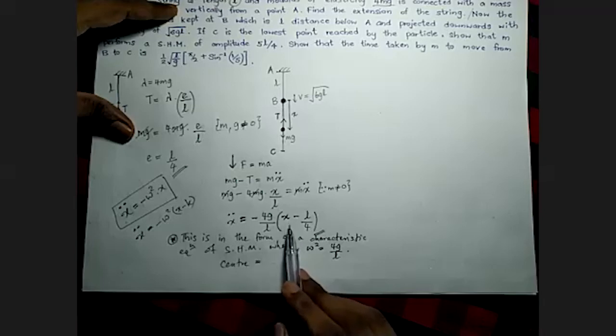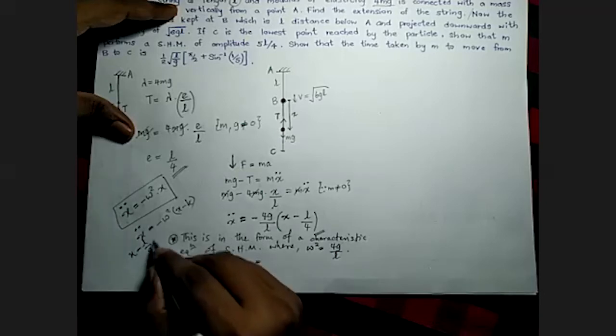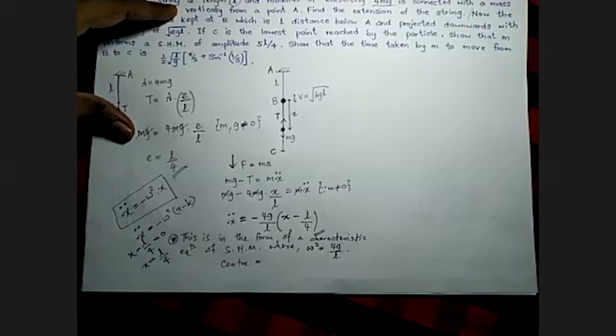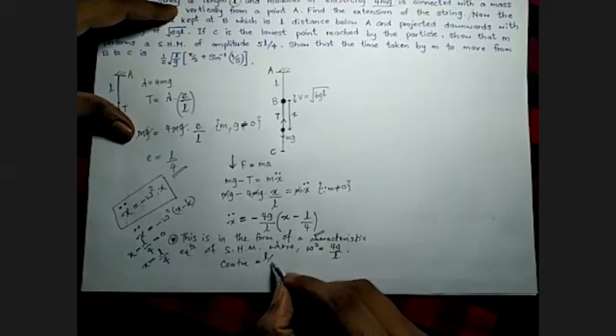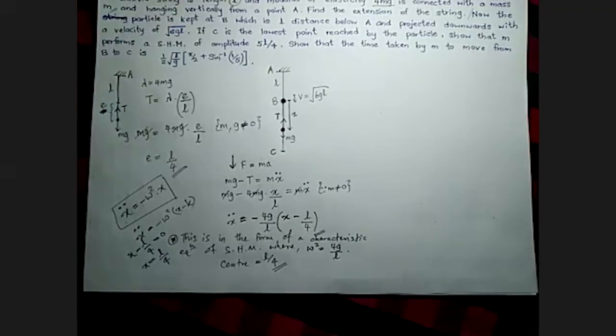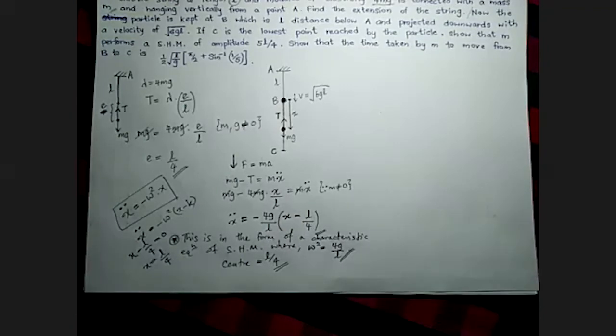Equate the bracket to 0, then x is L over 4. Then the center is L over 4. So these two things you should identify in the process of showing the motion is simple harmonic.